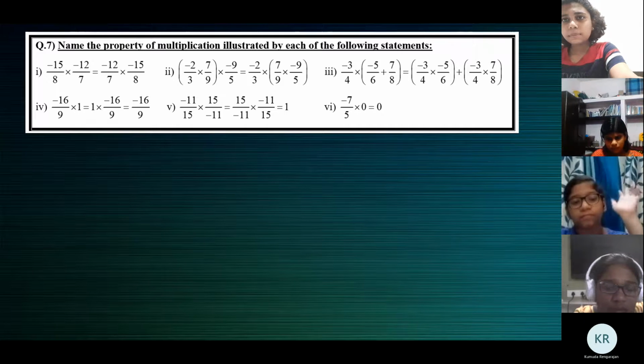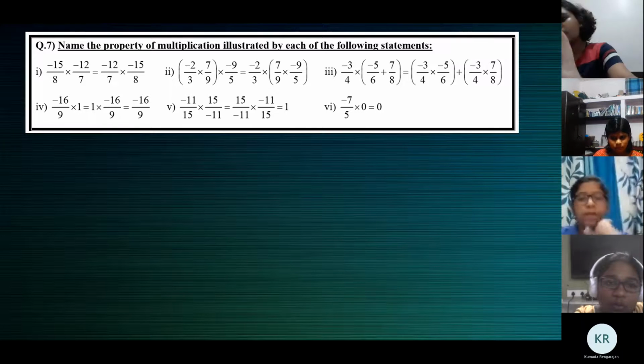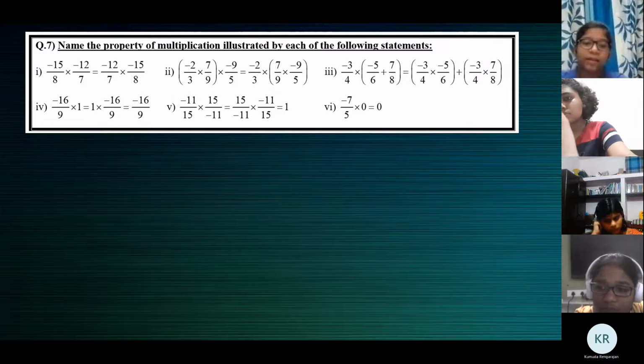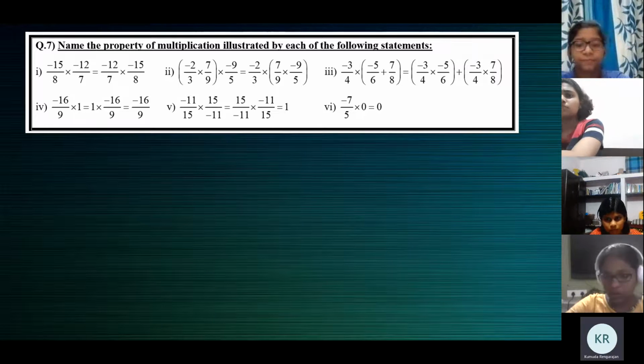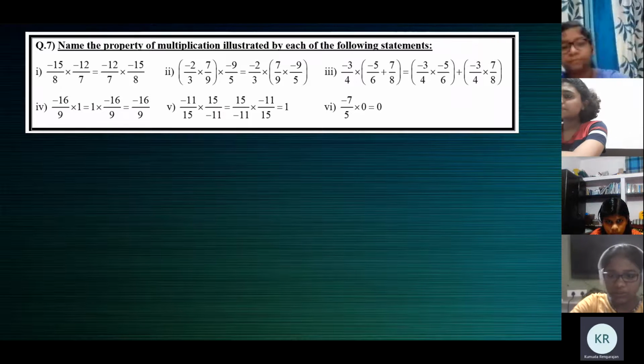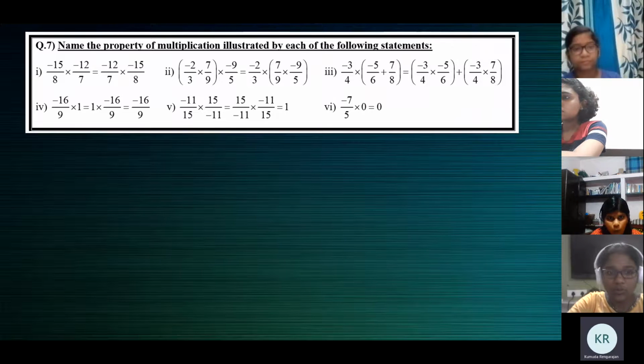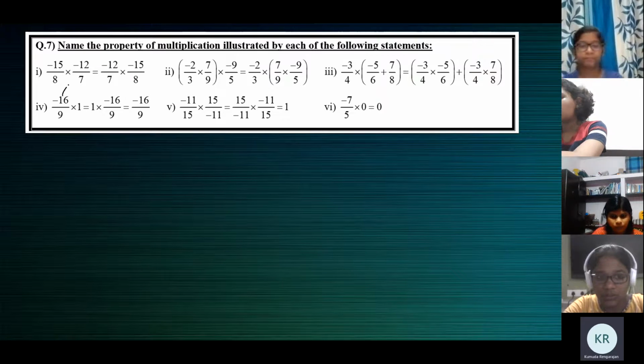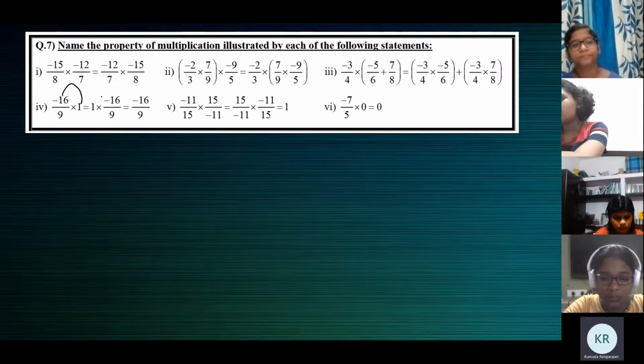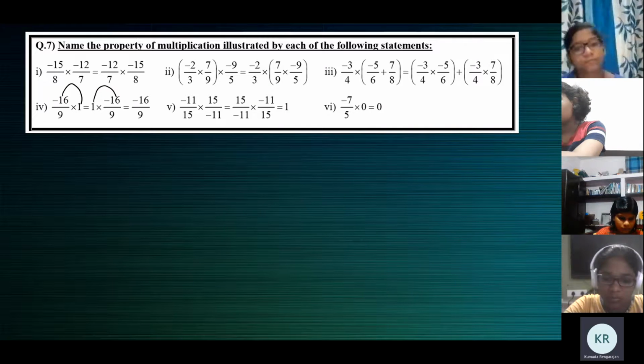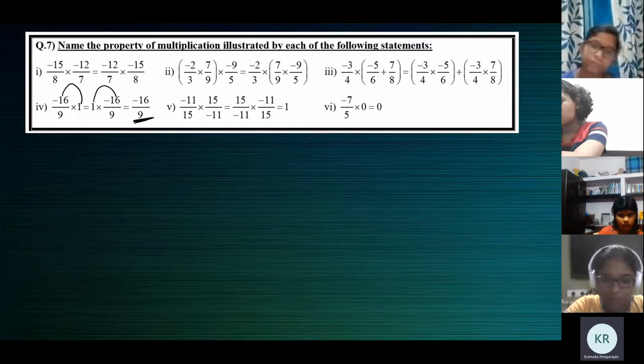Ma'am, shall I? Okay. Yes, Swati? Ma'am, it's multiplicative identity, ma'am. Correct. Multiplicative identity of rational numbers. Because when you multiply a rational number by 1, or if 1 is multiplied by any rational number, the answer is the rational number itself, identical, same answer.